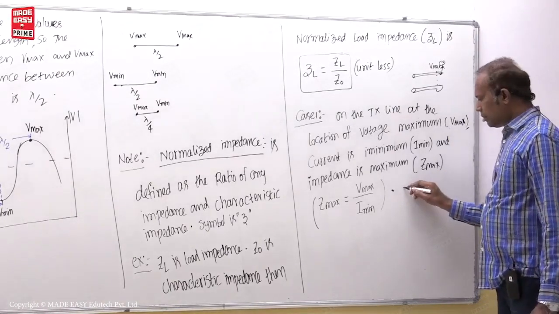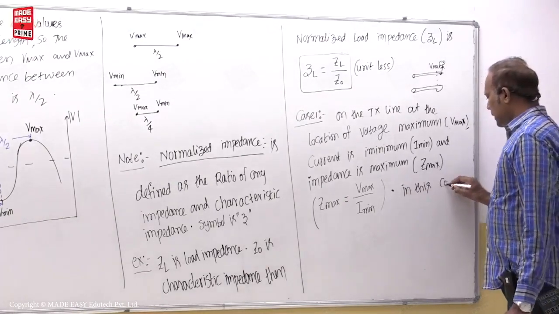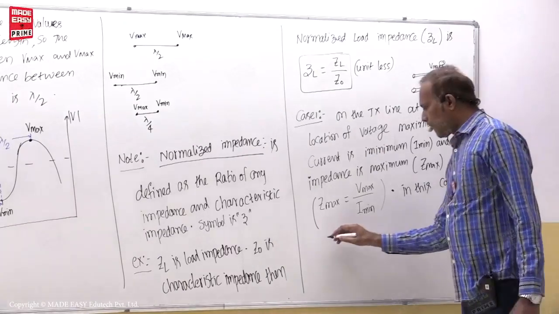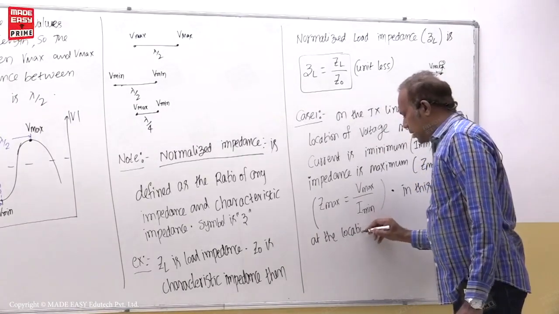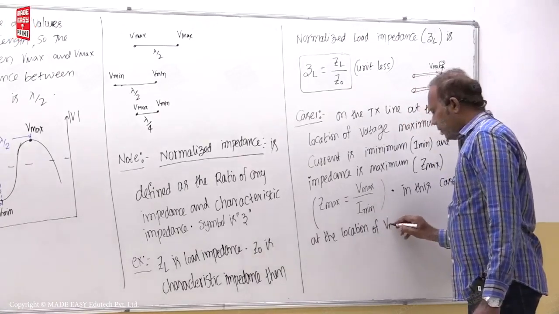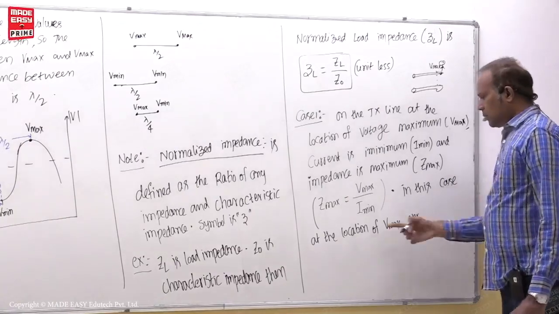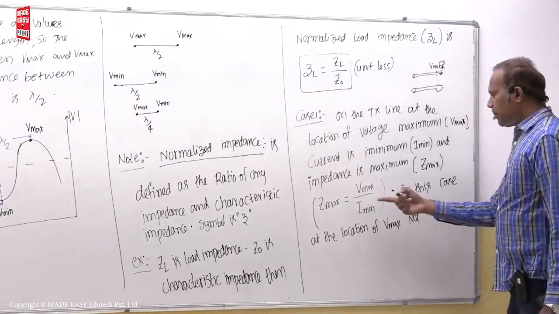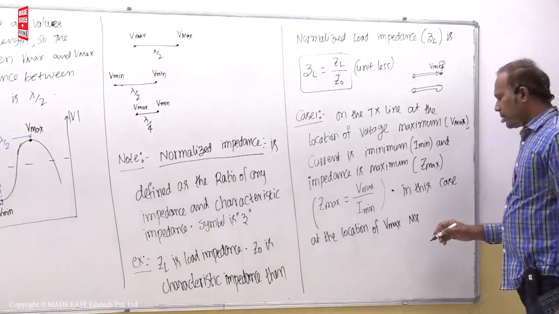In this case, at the location of V maximum, impedance maximum is there, no? So impedance maximum divided by Z naught is called normalized maximum impedance.